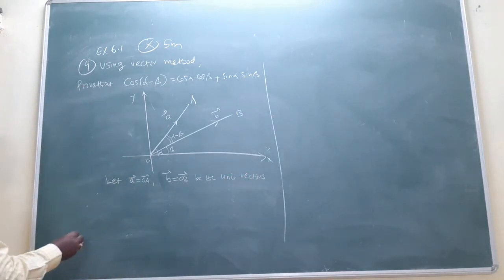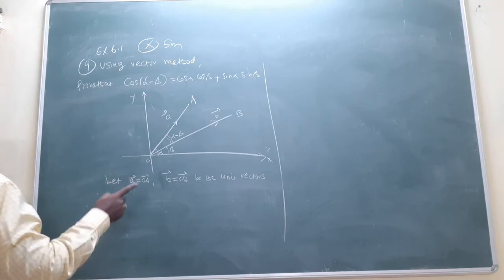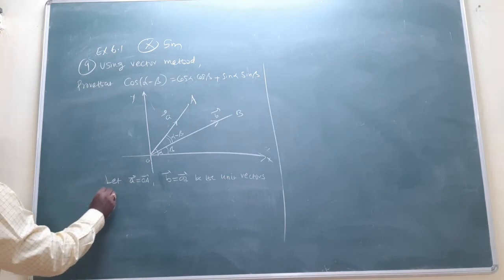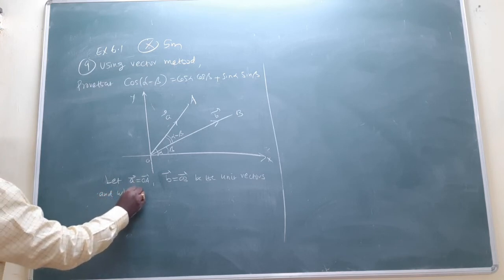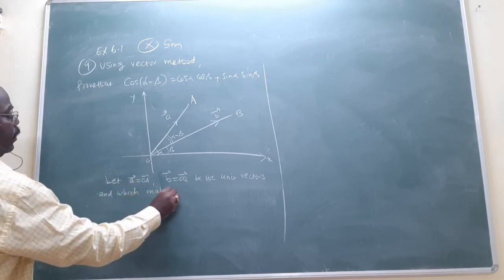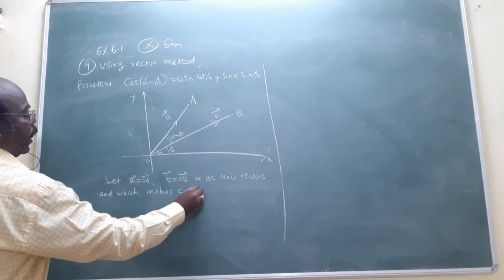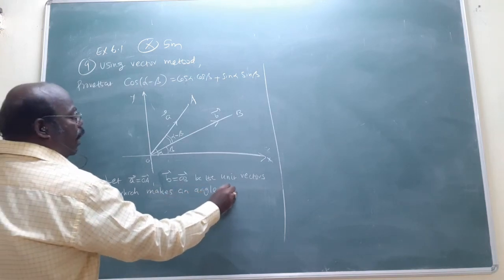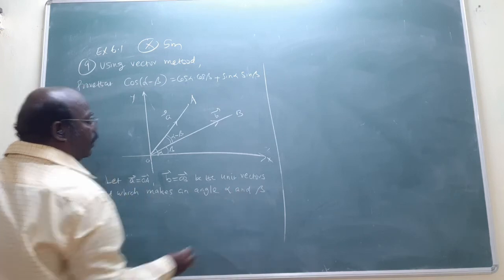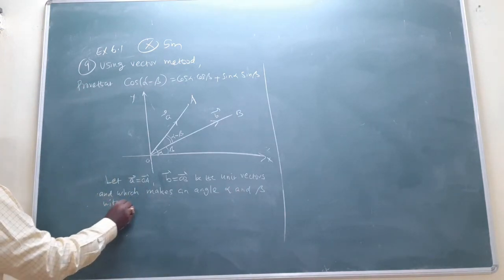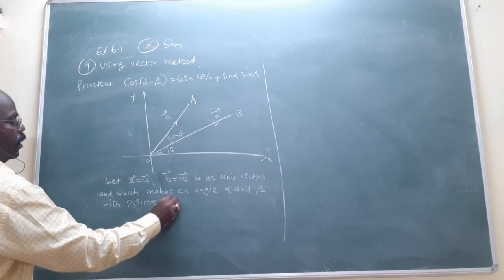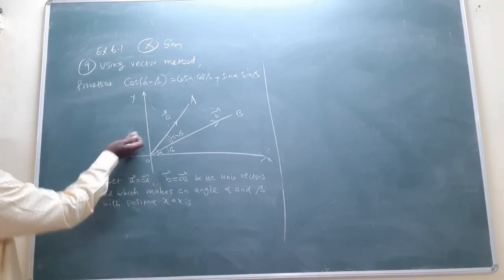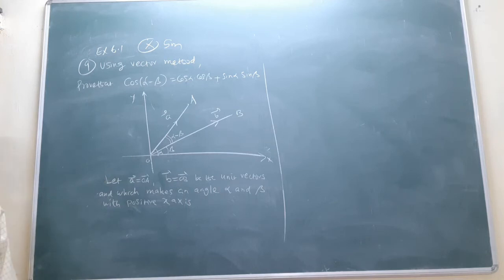Two unit vectors which make angles alpha and beta with the positive x-axis. On the left-hand side there is the negative x.